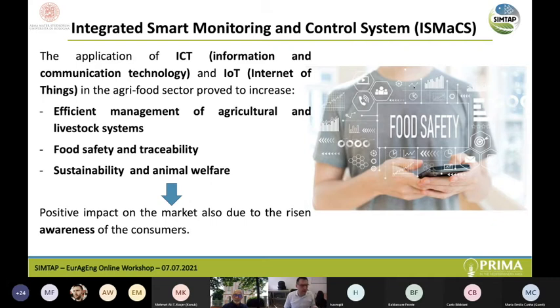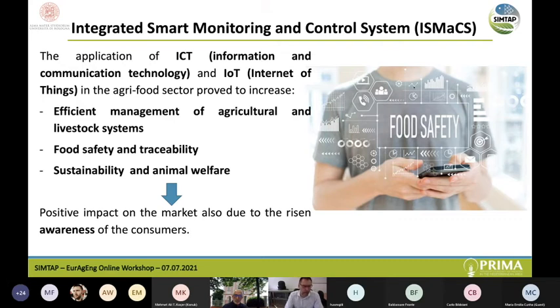They can improve food safety and traceability, and also improve sustainability and animal welfare, and for sure can provide objective, quantitative data about the sustainability and efficiency of the agri-food systems, as well as providing data and information for monitoring animal welfare.